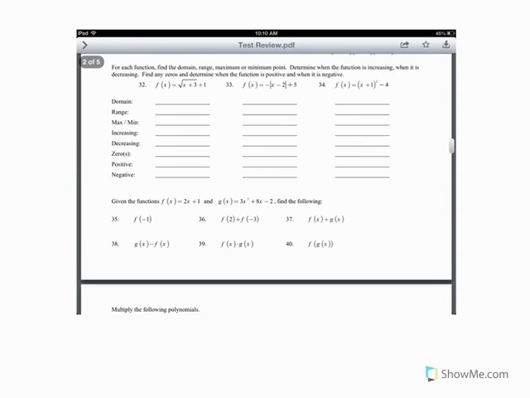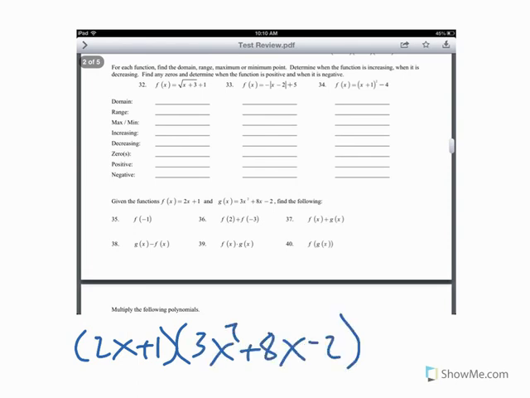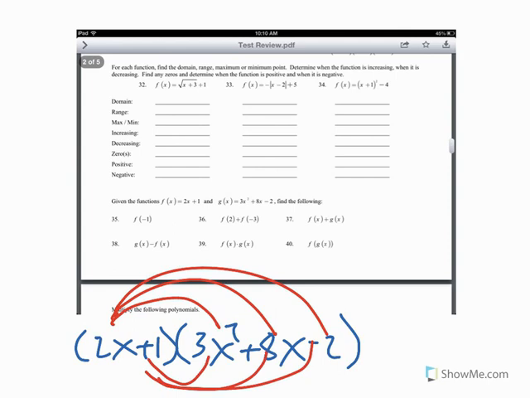Multiplying. You would just set it up as 2x plus 1 and 3x squared plus 8x minus 2. From here, guys, it is going to be a bit of a mess, but you're going to multiply every single thing across and say, what do I get? Combine like terms.